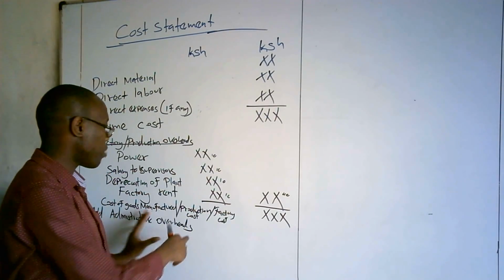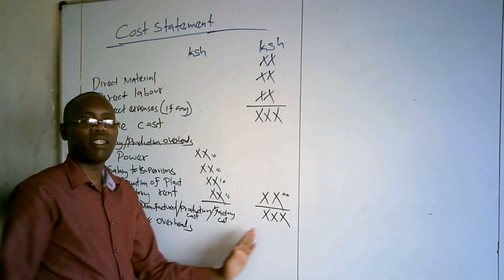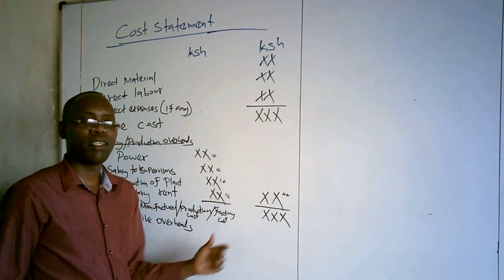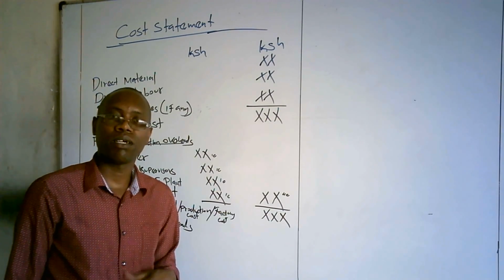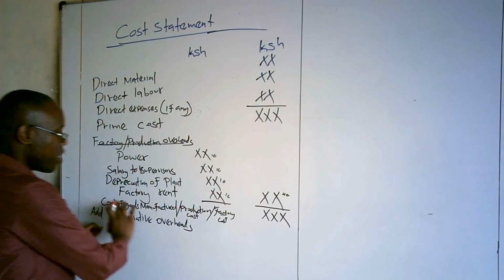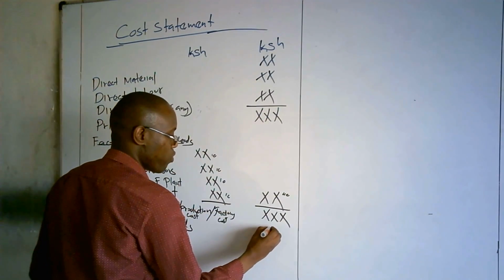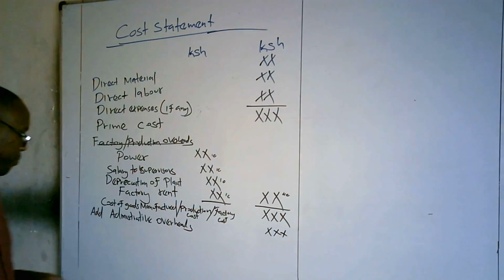That's going to be part and parcel of the administrative overhead. So you highlight them here, and then you transfer them to the other side. Things like the salaries to the accountants are part and parcel of the administrative overheads. So for now, let me assume that you have been given them as a group. So you put it here, those are administrative overheads.